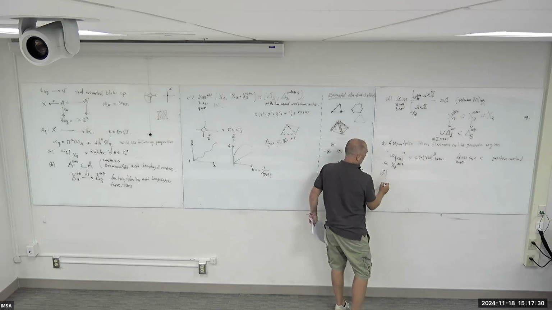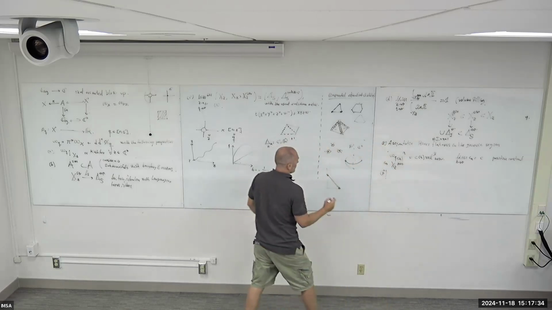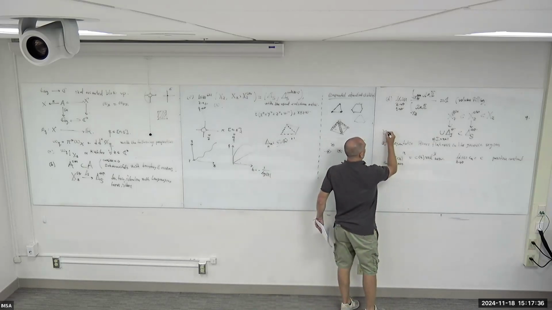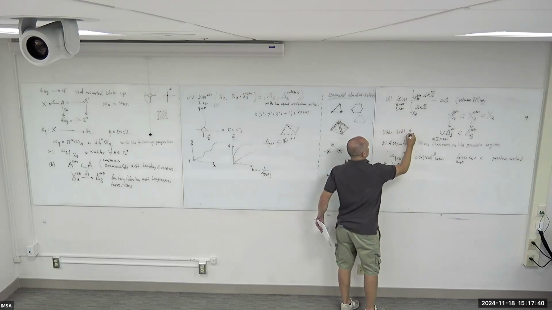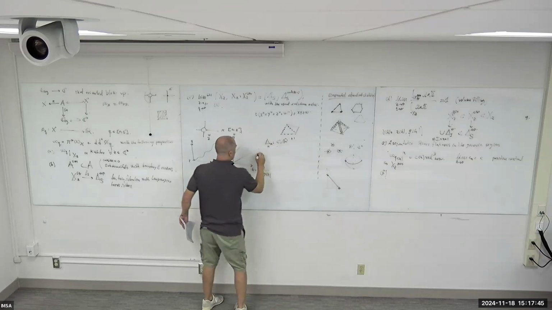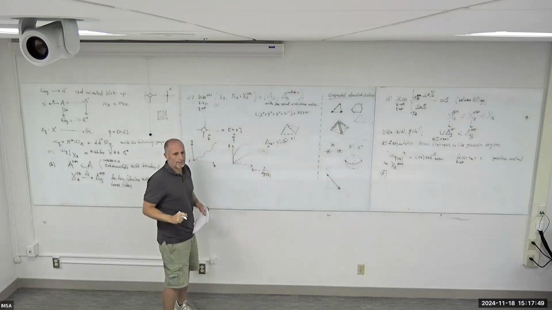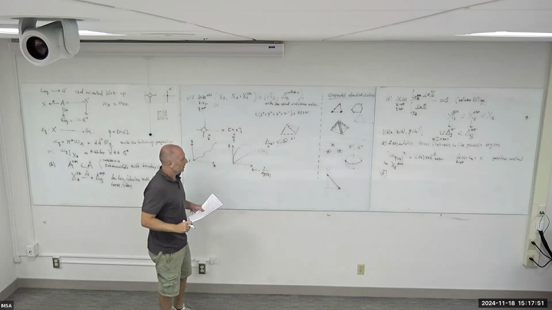Sorry, what's h here? Oh, h is the parameter of the path, so gamma of h is the pair h, Q of h. Okay. Sorry, I didn't say the parameter of the path.